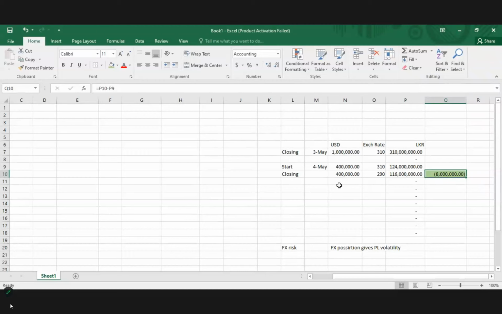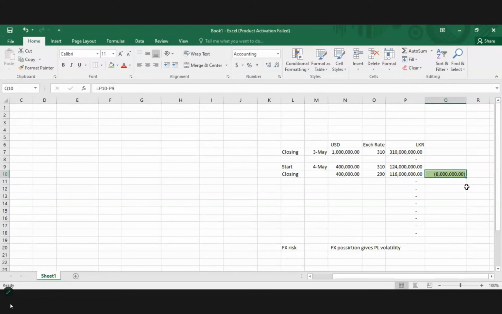This is not exactly the way I'm doing it, right? But this is the best way I can explain it to you. So the more the volatility here, I have to reduce my open exposure to be within my loss limit of 8 million.